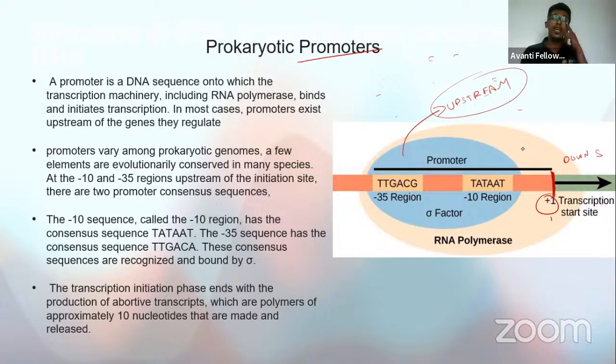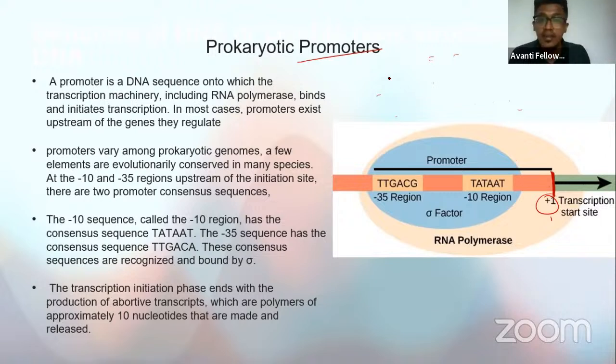Now you can see in prokaryotes, at the -10 and at the -35 region, in every prokaryote there are very, very similar, absolutely the same sequences. And these sequences are called conserved sequences. And these conserved sequences are present in what region? The -10 region and -35 region. What is present in the -10 region? You can see that an AT-rich region or TA-rich region can be seen.